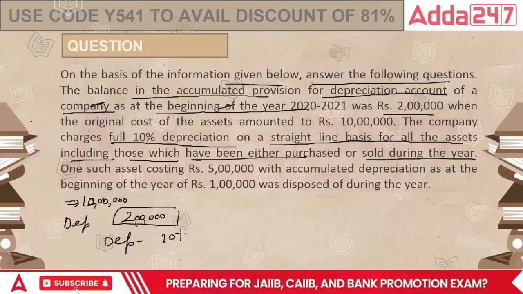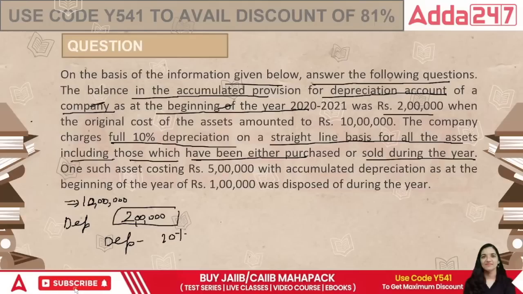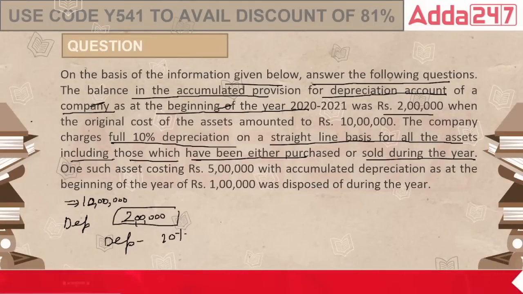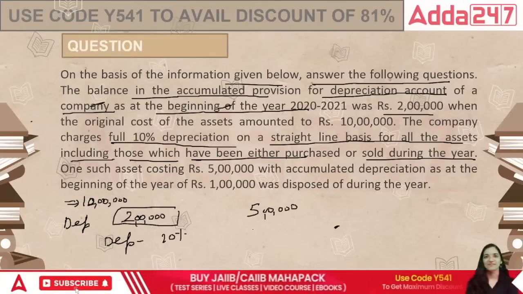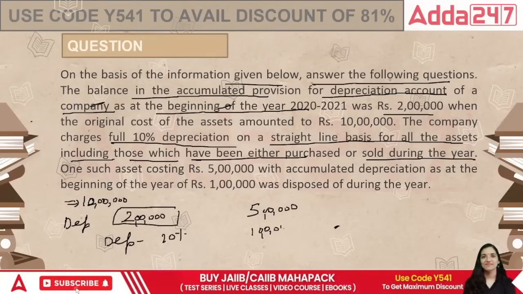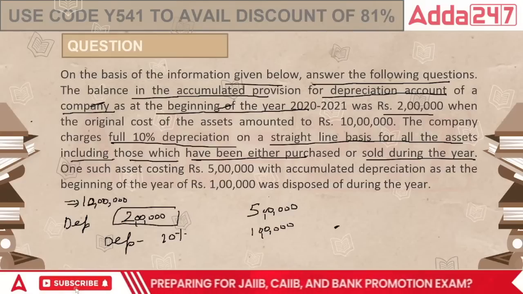And they are selling it. One such asset costing rupees 5 lakh with accumulated depreciation. There was a particular asset which was bought for rupees 5 lakh. The depreciation on it was 1 lakh rupees and it was disposed of during the year, right?